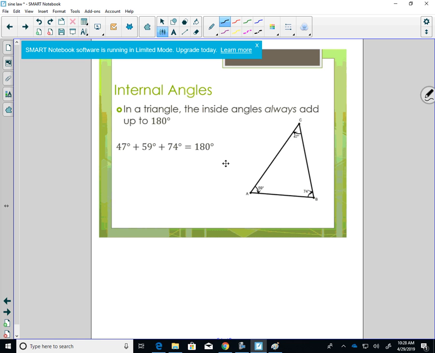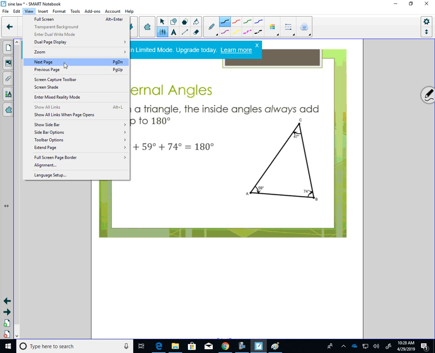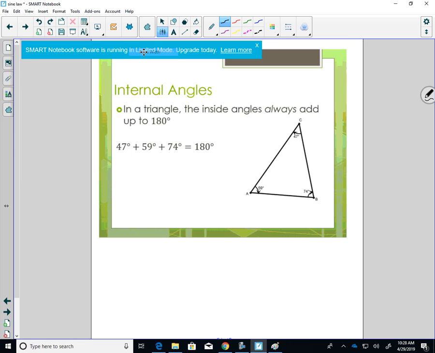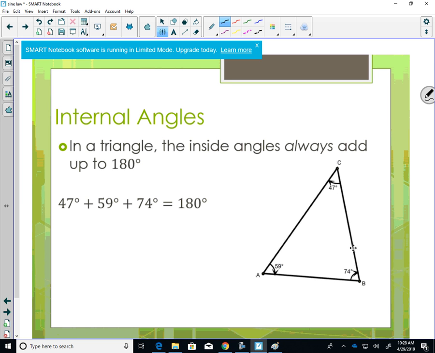Here's another rule. In a triangle, the inside angles always add up to 180. Did you know that? Inside a triangle, the angles must add up to 180. So here we've got 47, 74, 59, they add up to 180.